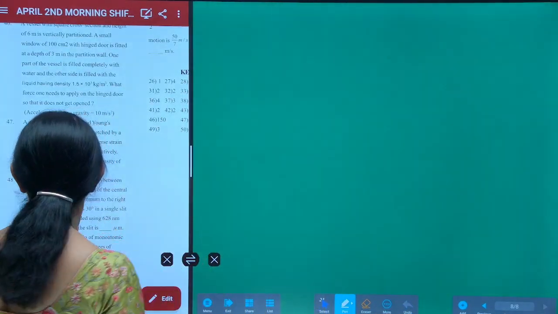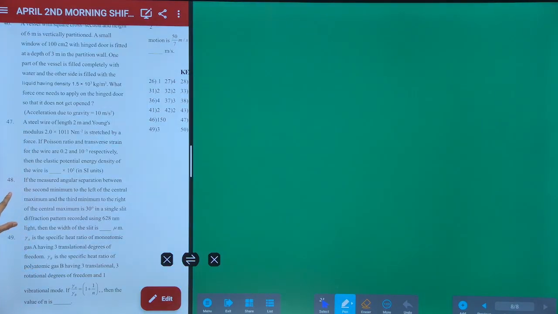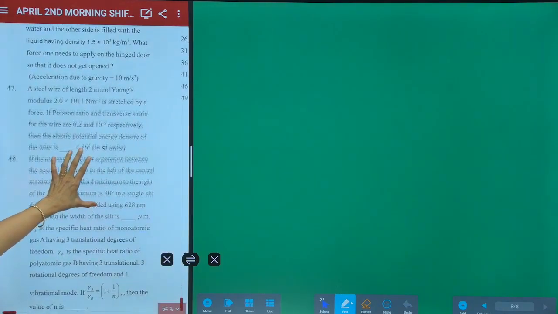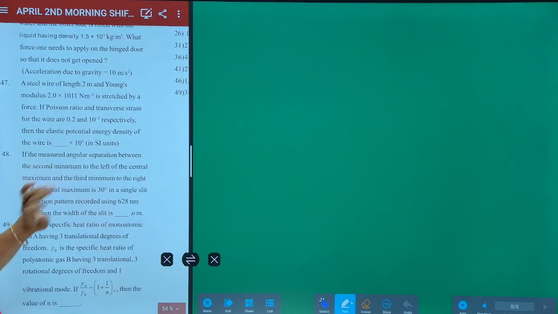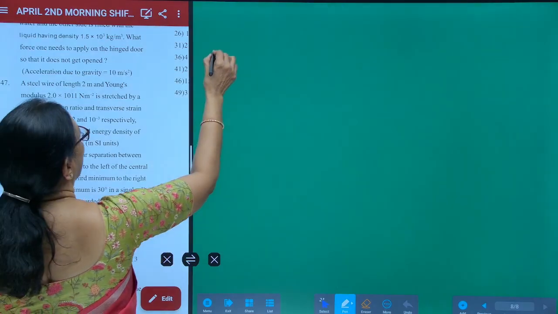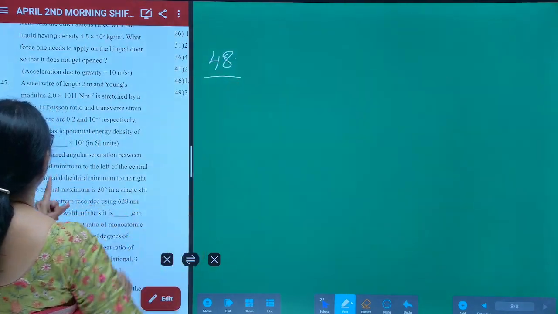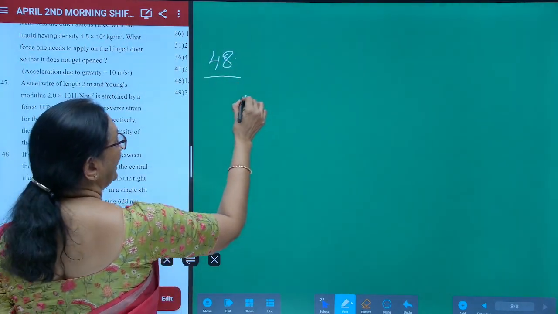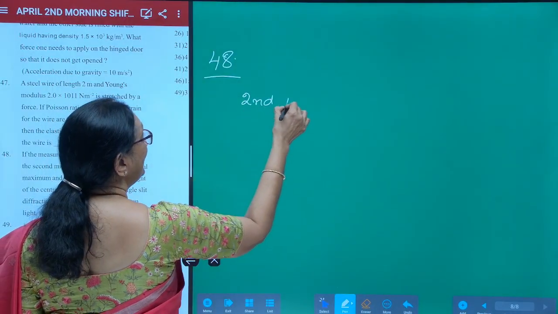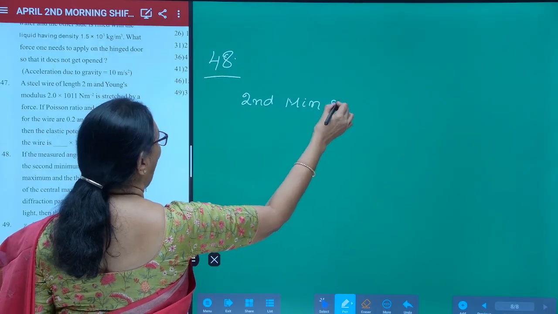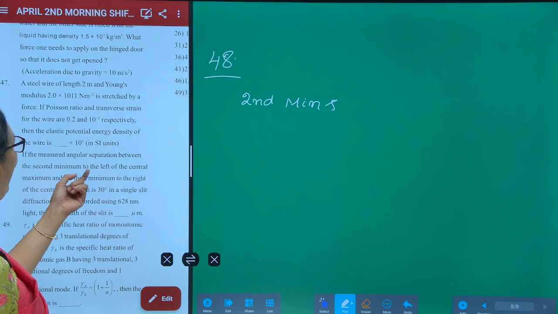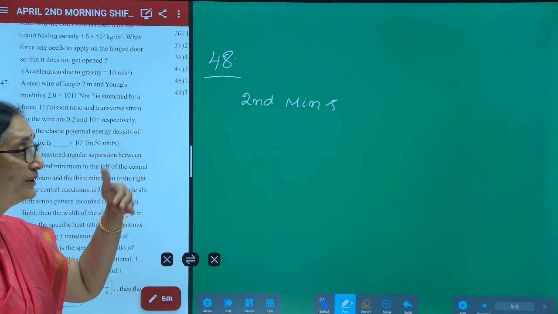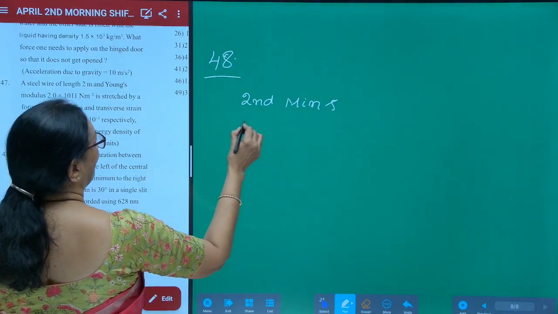Look here. 48th, we need to complete this 48th question also. So, look into this 48th. The measured angular separation between second minimum to the left of the central maximum and third minimum to the right of the central maximum.